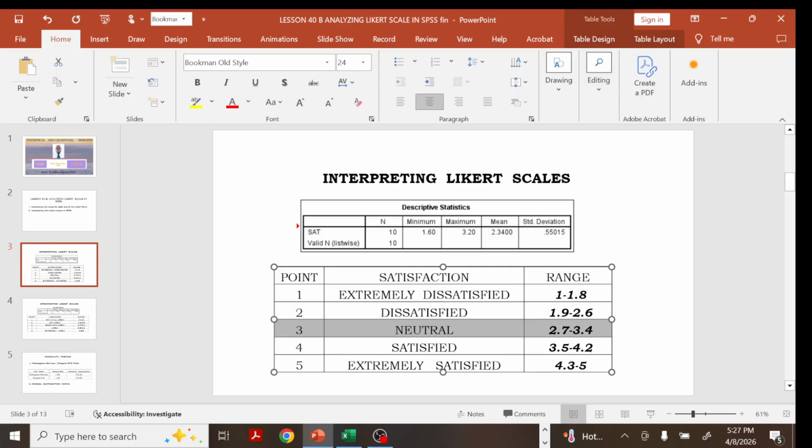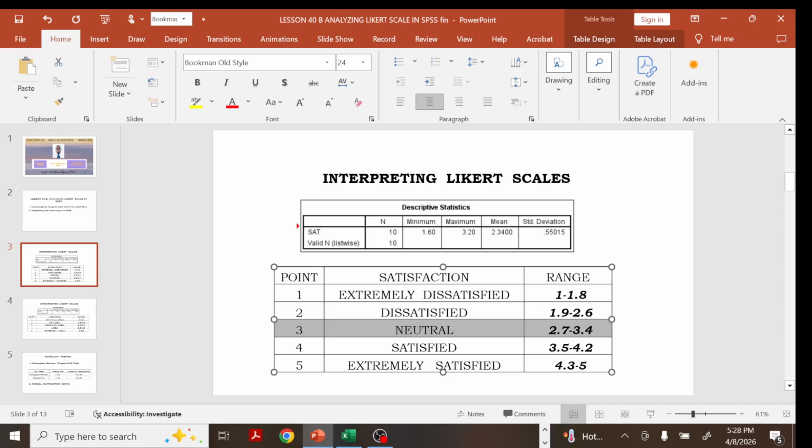It means that the majority of the respondents, which is the maximum number, are neither satisfied nor dissatisfied, because neutral here means these are the people who did not give their opinion. They actually prefer not to say anything. So they are neutral, the majority of the respondents.